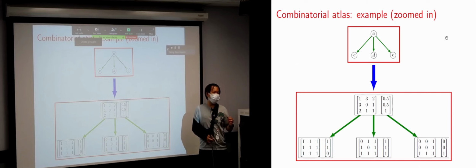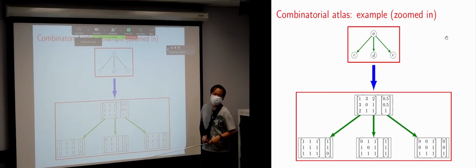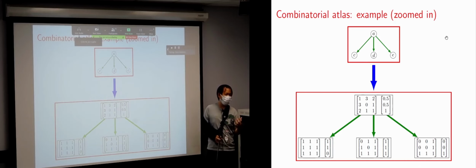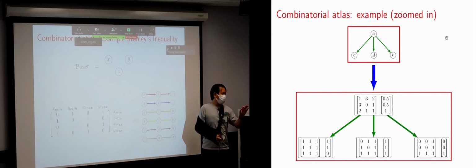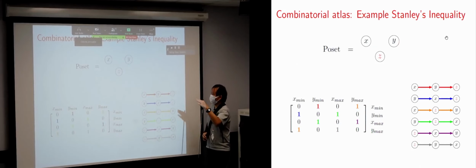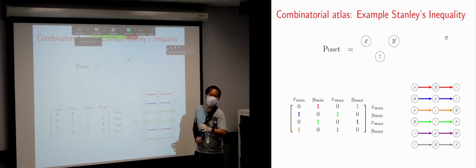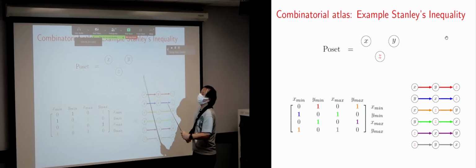And at this point, the choice of this matrix is just arbitrary. But in general, if you want to prove log-concavity, if you want to have a nice result, then this matrix needs to be special. They need to come from specific combinatorial data of your matroid or your poset. How you get from the poset into the atlas can be a bit complicated, but here is an example.